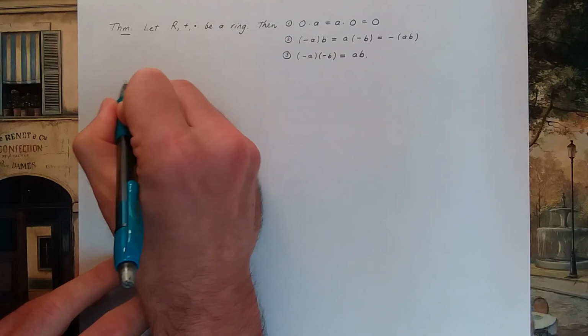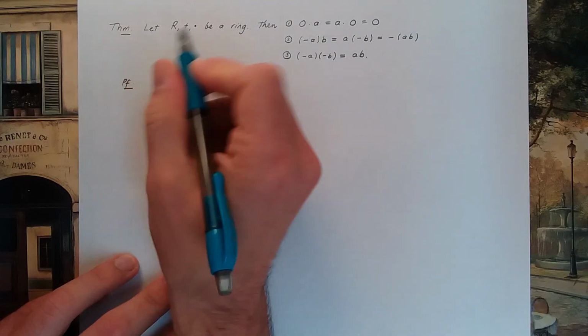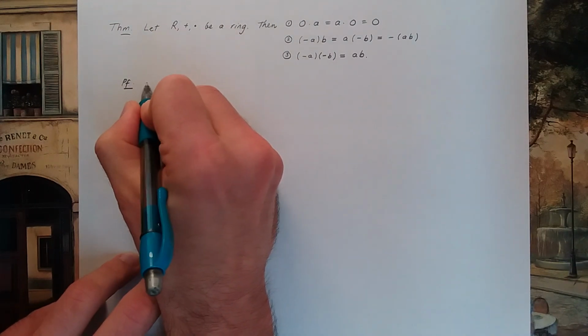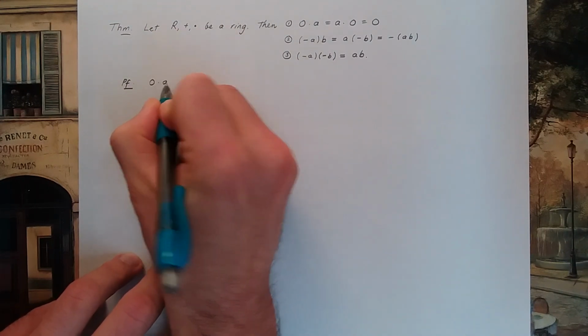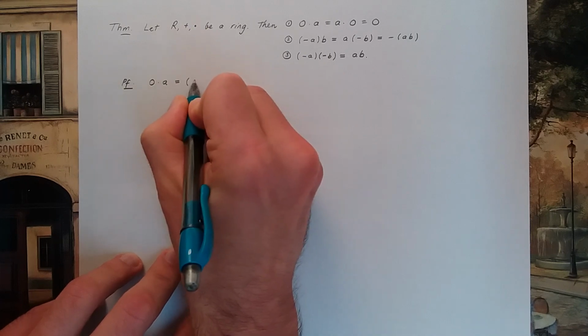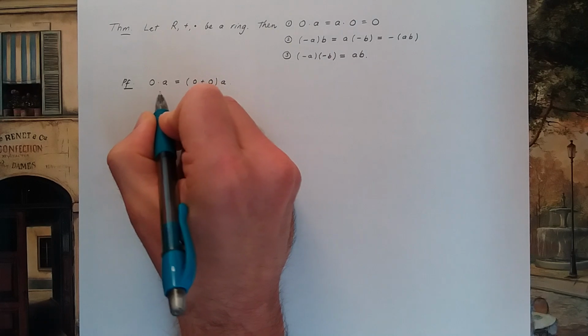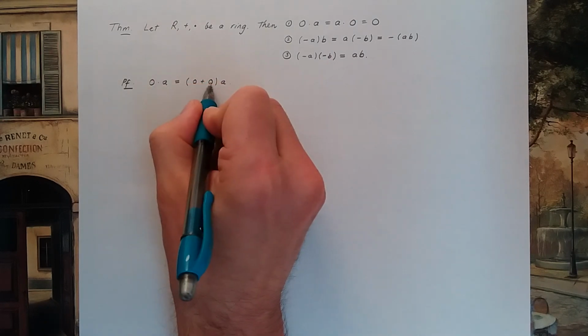So here's the proof. The first statement follows pretty quickly. I have 0 times A is the same as 0 plus 0 times A. 0 is the additive identity, so 0 plus 0 is 0.